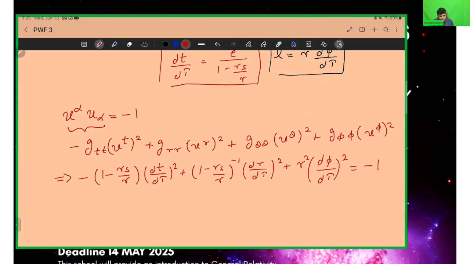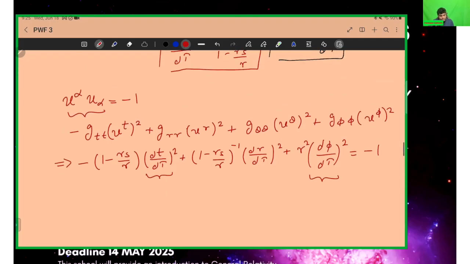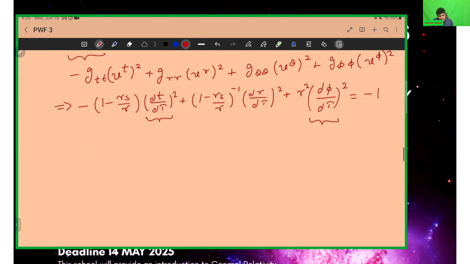Now, if you use the equations for dt over d tau and d phi over d tau from earlier, you can see that dt over d tau is E divided by (1 minus rs over r), and d phi over d tau is just L over r squared. So what do you get?